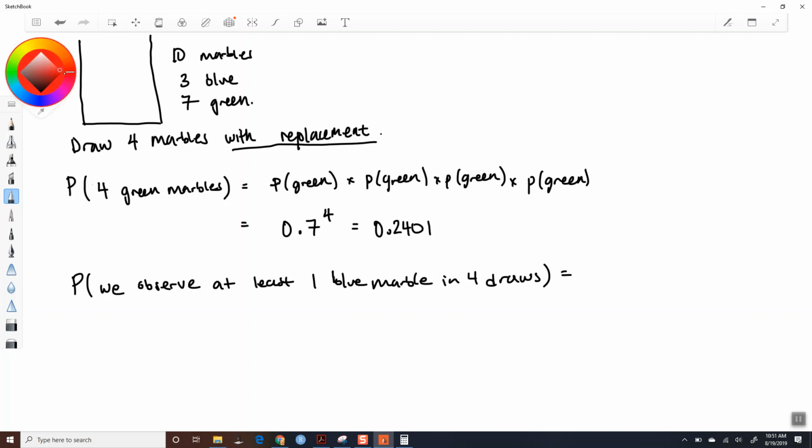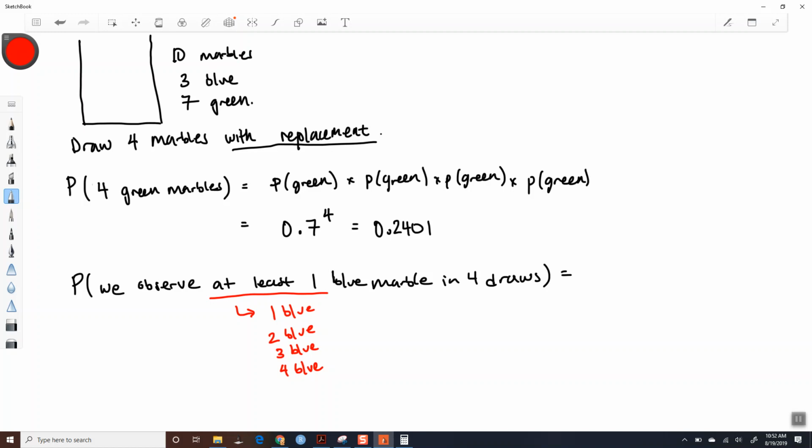Okay. So when we talk about at least one, this means we can go with 1 blue, 2 blue, 3 blue, or 4 blue marbles. Okay. Is there any other possibility I'm leaving off? Okay. So when do we not get at least 1 blue marble?